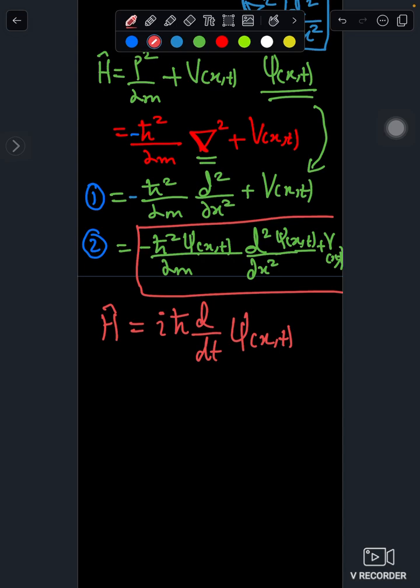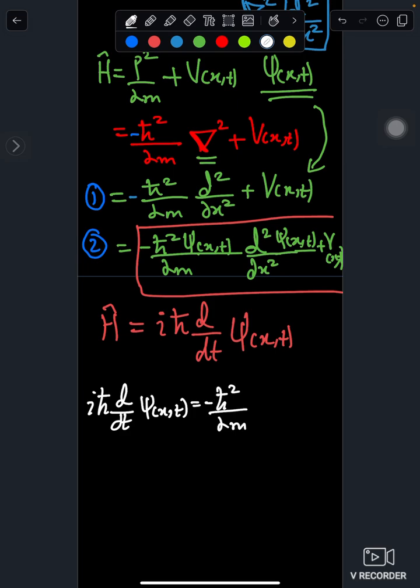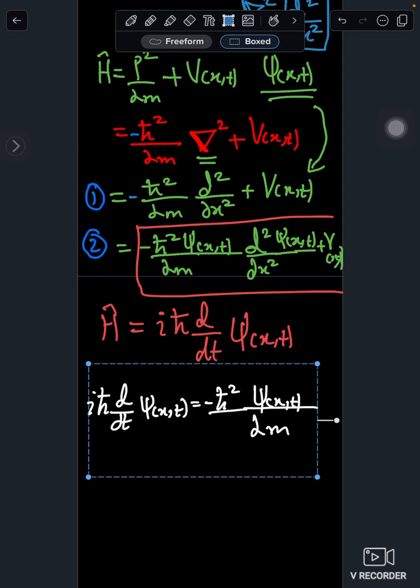So then when we add it to the equation, we get i h bar d over dt psi minus h bar squared over 2m with psi of x.